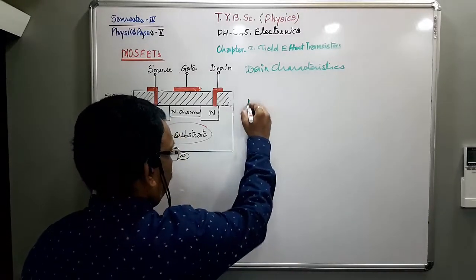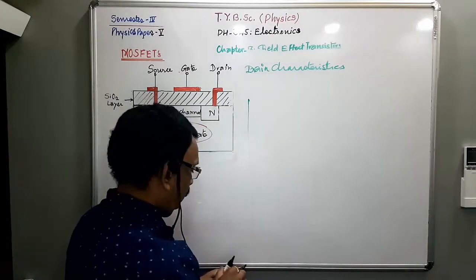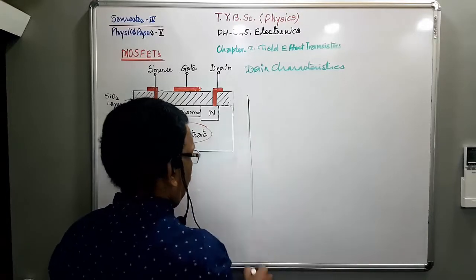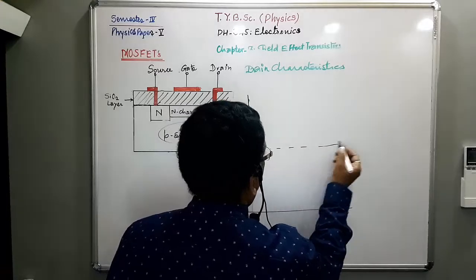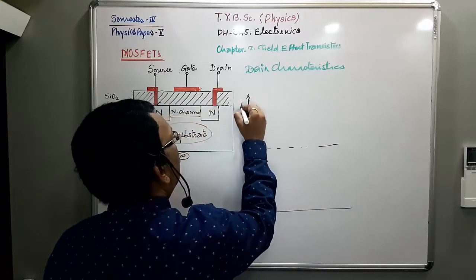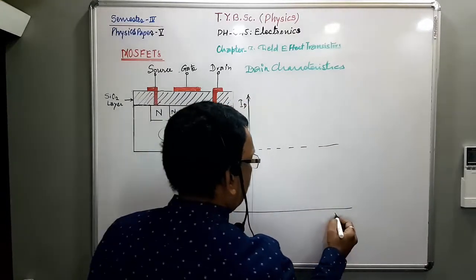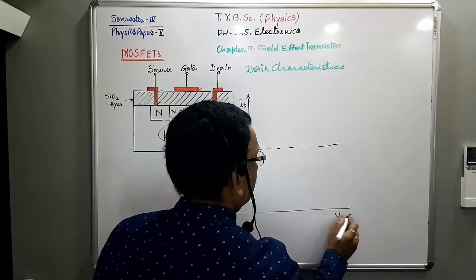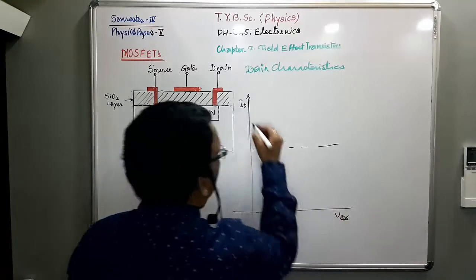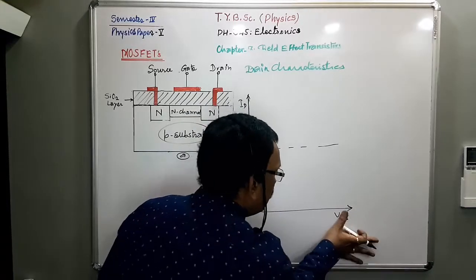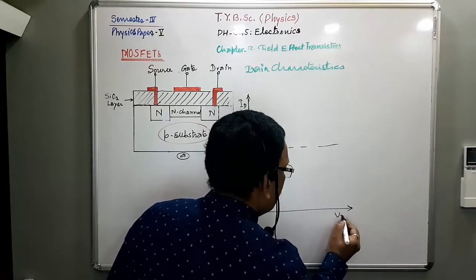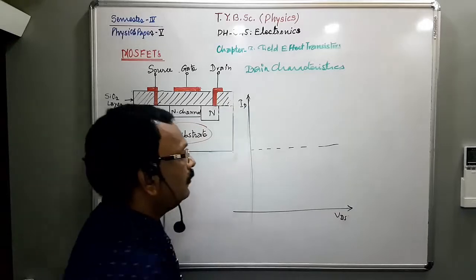See here, ID and VDS, drain current versus voltage between drain to source. Okay.